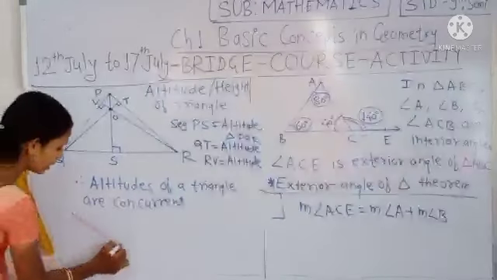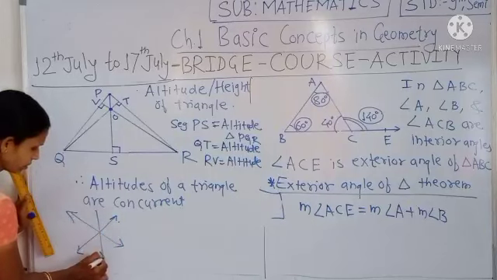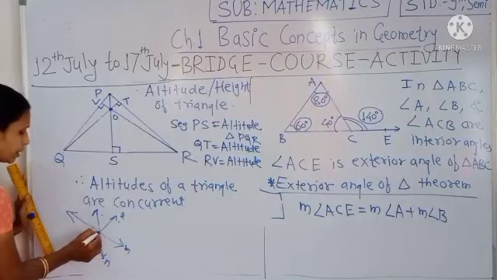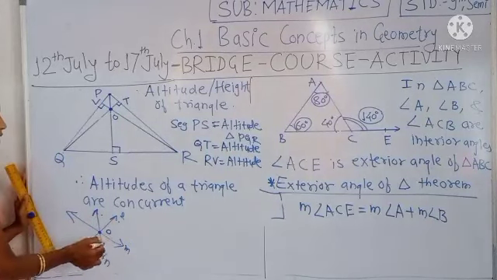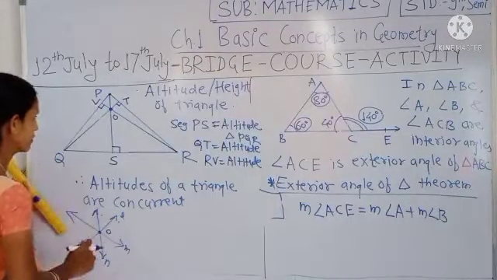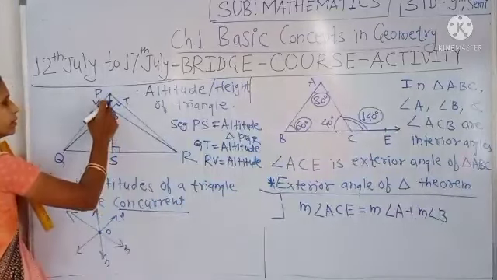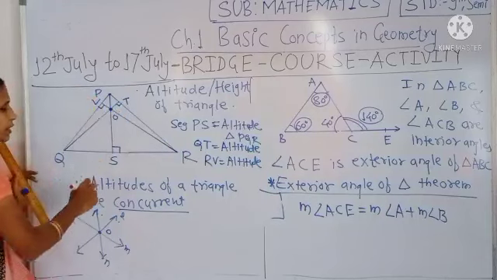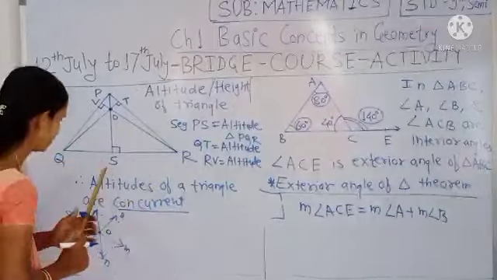Concurrent means see here there are 3 or 4 lines. Let's say line L, line N intersect in a single point O. Therefore, these lines are called concurrent lines. Like that, altitudes of the same triangle are concurrent and point O is the point of concurrence.